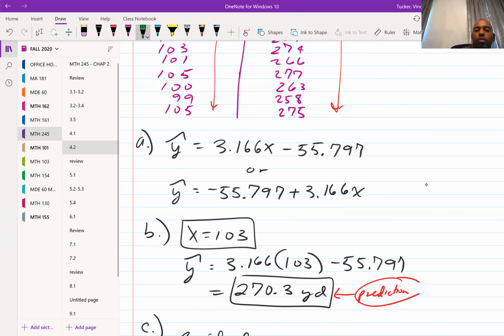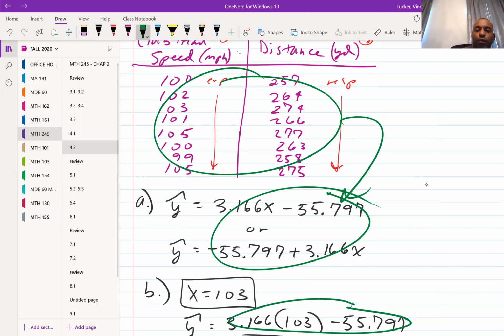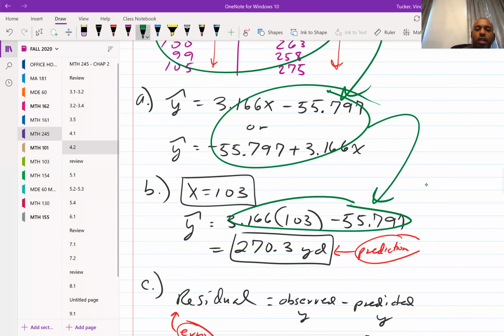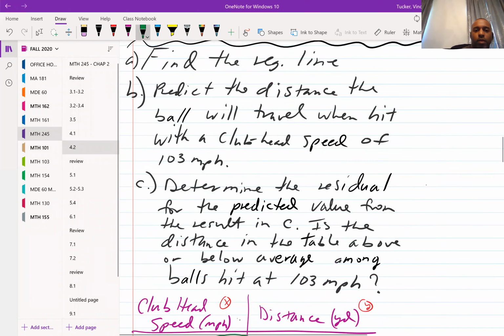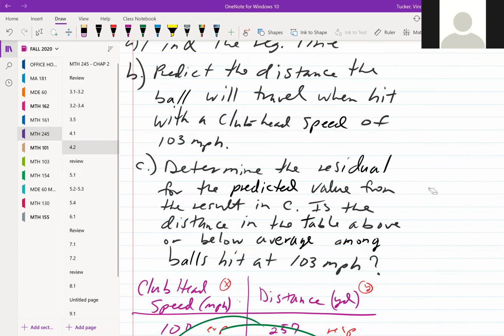Okay, so the equation that we're using came from A, and it came from these data values when I plugged them into the website. That's how I got this formula. And then I'm taking this formula and using it here, but they gave us 103 in B. That's right here. Oh, okay. Gotcha. So did I answer all your questions? Yes, it did. Okay, cool.